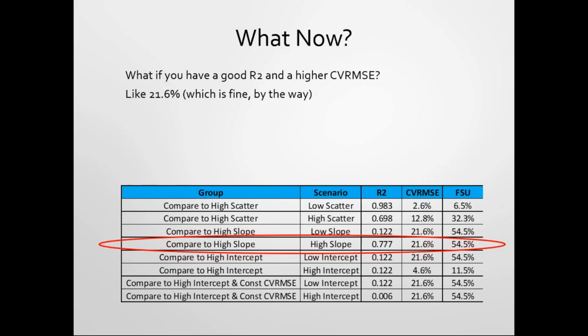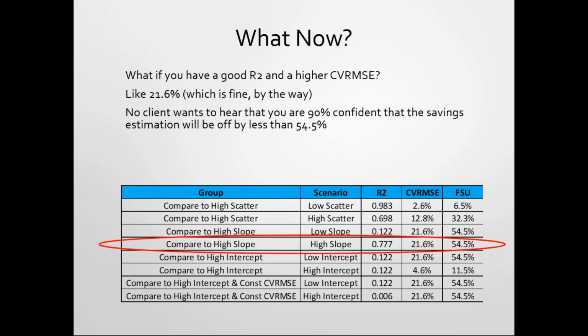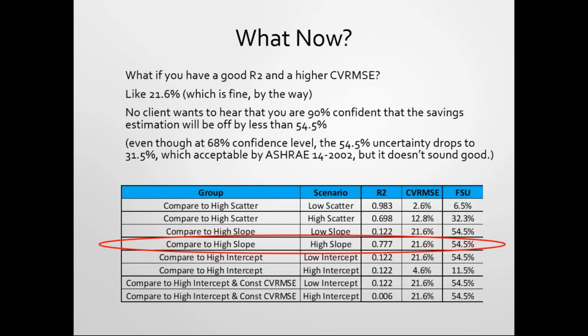CVRMSE, it's a little high, but it's okay. I have a fractional savings uncertainty of 54.5%. Not so good, according to ASHRAE 14, 2002. But that is at 90% confidence. And they said just look at 68%. At 68%, it would have been 31.5%, which they would say is fine. So I guess it is okay.